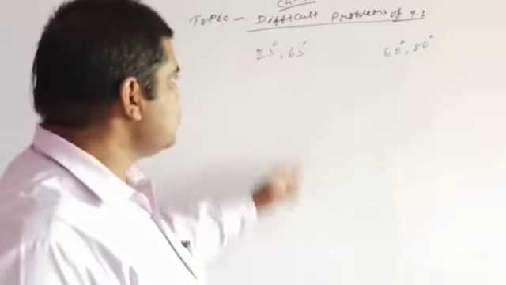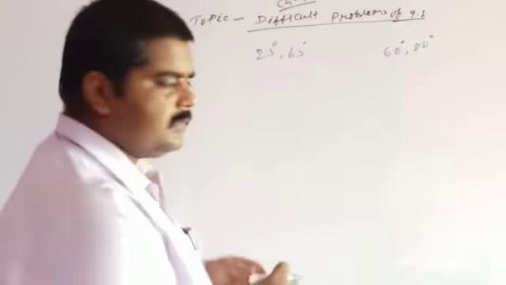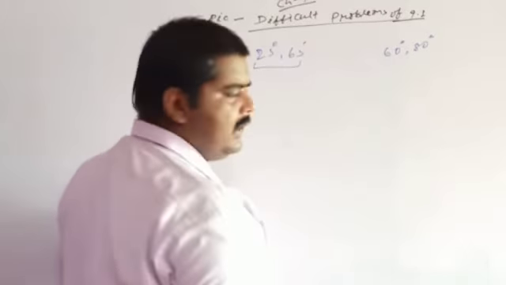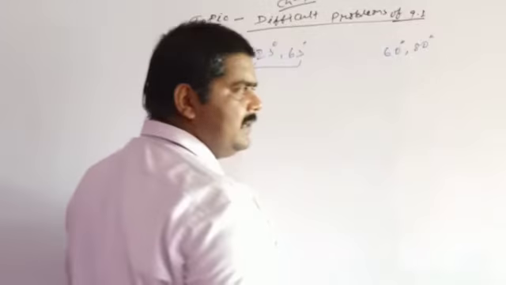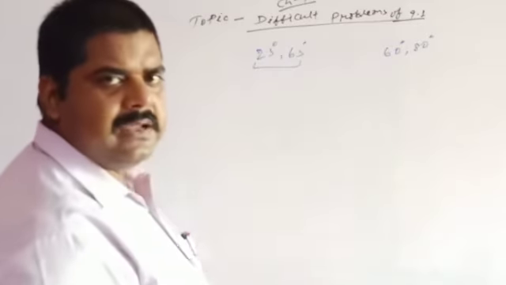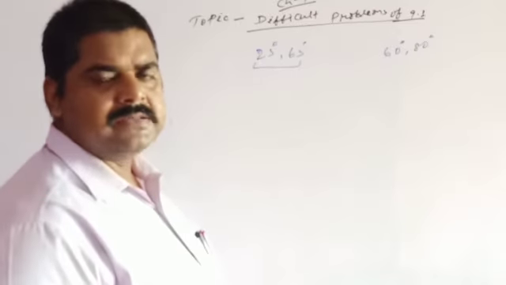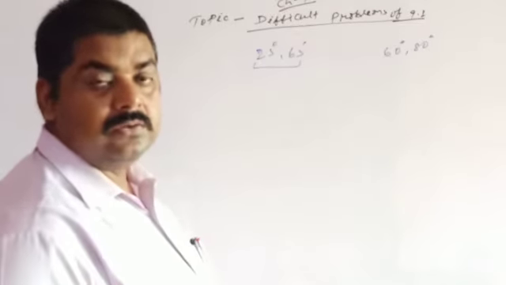My dear students, two pairs of angles have been given: 25 degrees and 65 degrees, and 60 degrees and 80 degrees. You have to verify whether they are complementary angles or not.